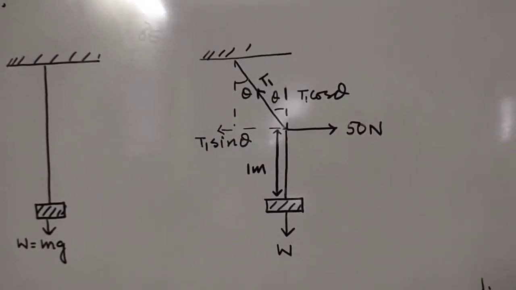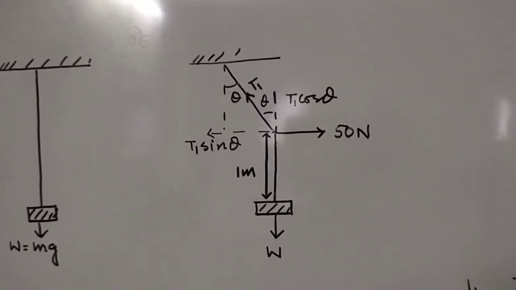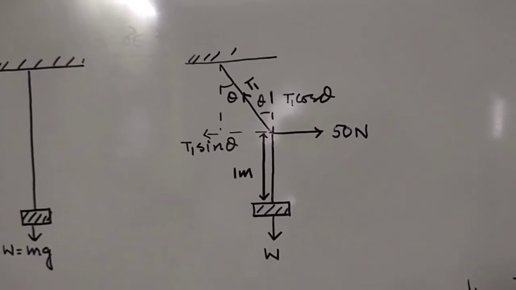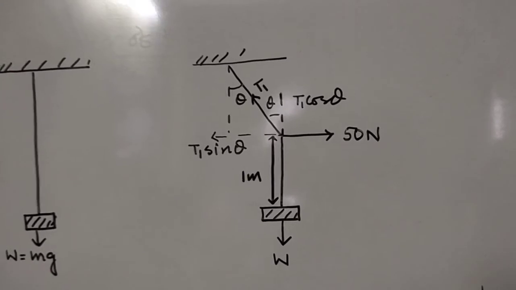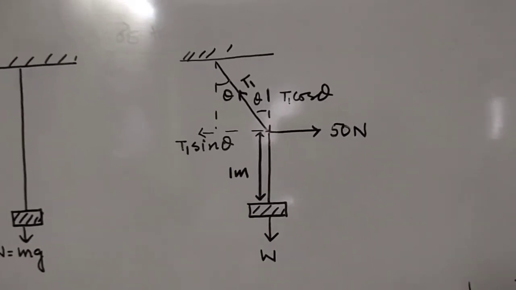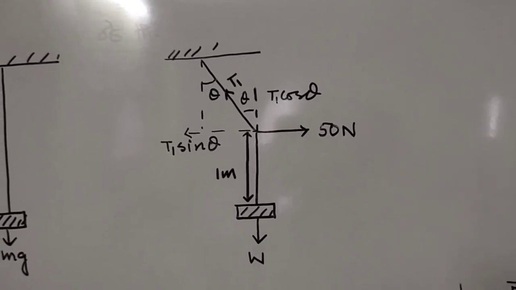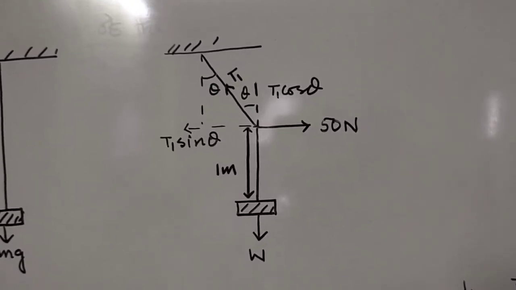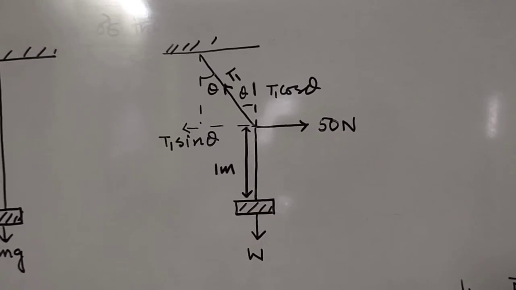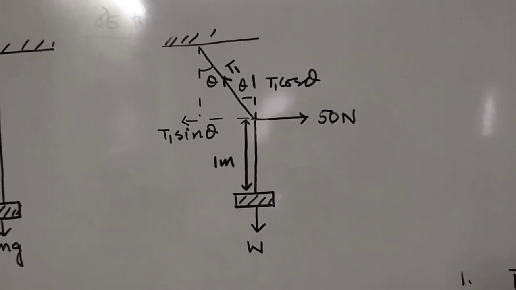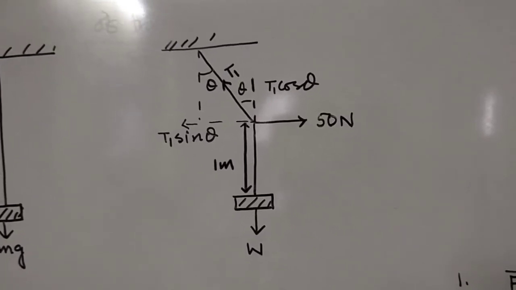So the diagram is like this. 50 Newton is applied, and as a result the upper part of the rope gets inclined by an angle theta, and weight acts vertically downward, and the distance of the weight from the point of application of the force is 1 meter, because we have applied the force at the midpoint.